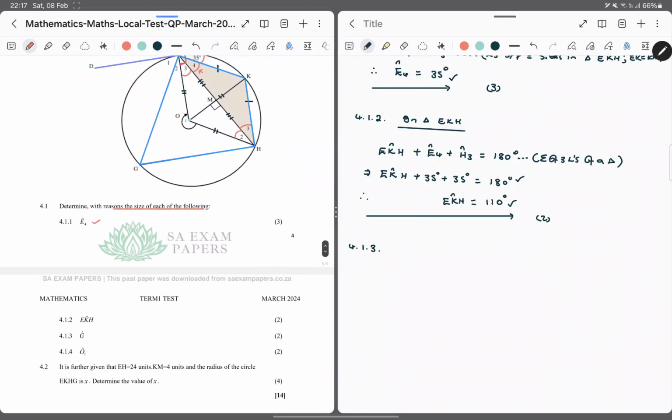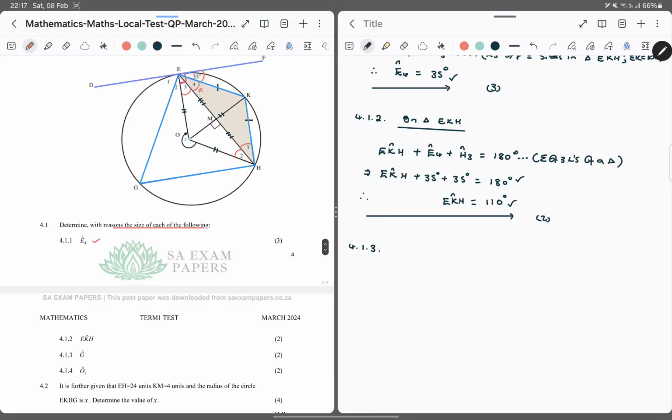4.1.3. We need angle G. Okay, good. So we know essentially that angle G plus this angle we just found, EKH, this sum is supplementary. These are the opposite angles of a cyclic quad. Sometimes I like to name it, but there's only one cyclic quad here, so we can leave it at that.